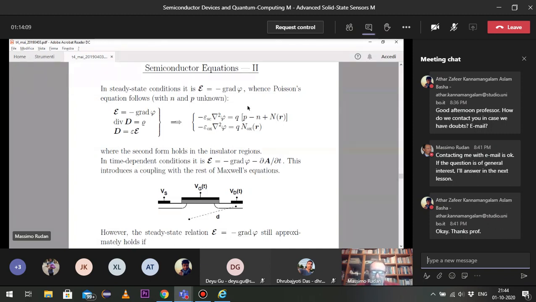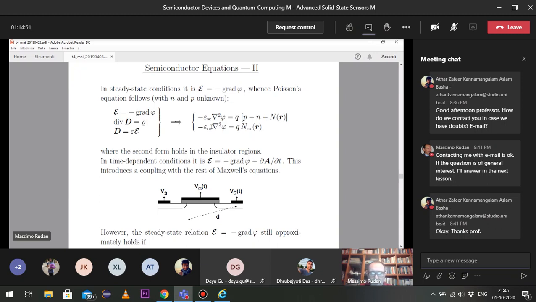So the second equation is the form that the Poisson equation takes when you consider the portion of the volume of the semiconductor device made of an insulator. A typical insulator is the gate oxide in the MOS transistor. So if you have a material that is, for instance, silicon oxide, then the permittivity is different from the permittivity of silicon alone.